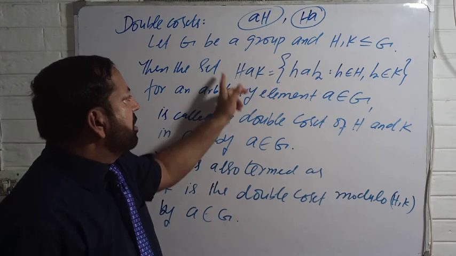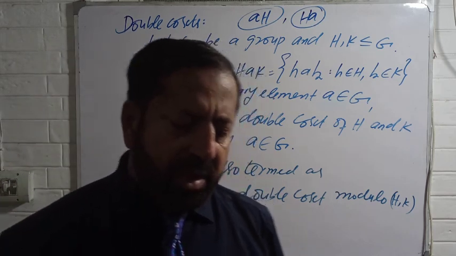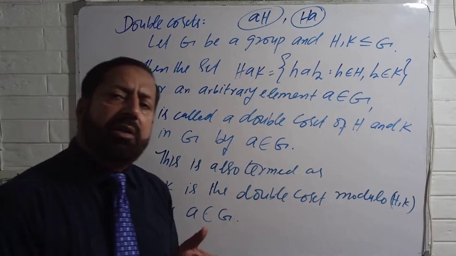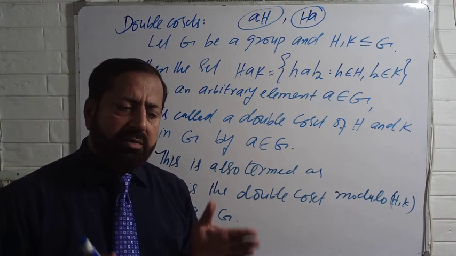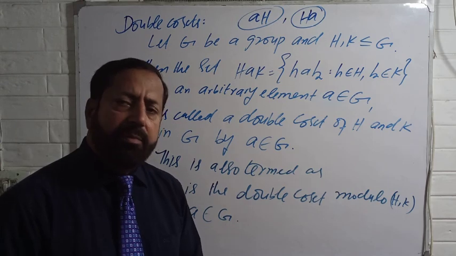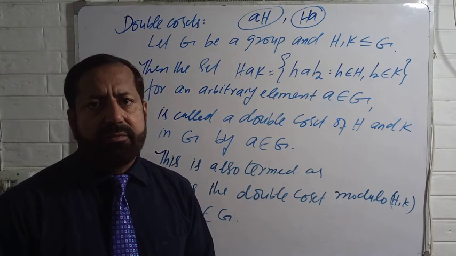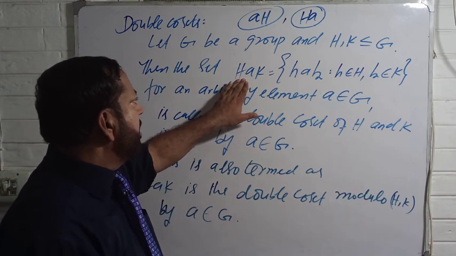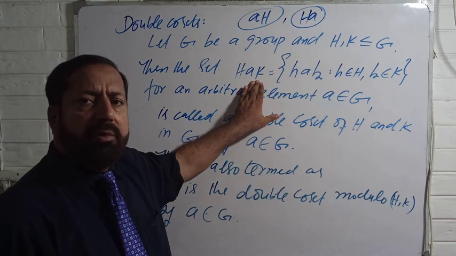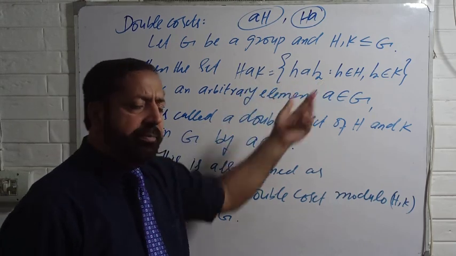That's why this idea has been generated with the help of these two ideas. I mean to say that from the set of left cosets and from the set of right cosets, we can have the idea of double coset HaK. Of course, the elements must be of the type hak.